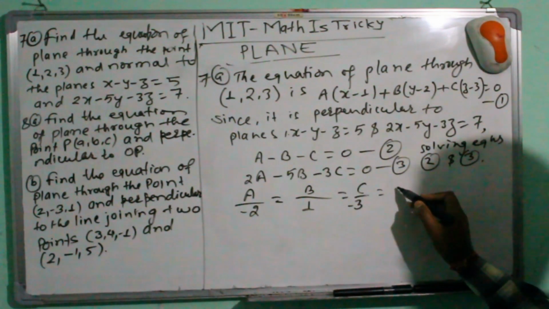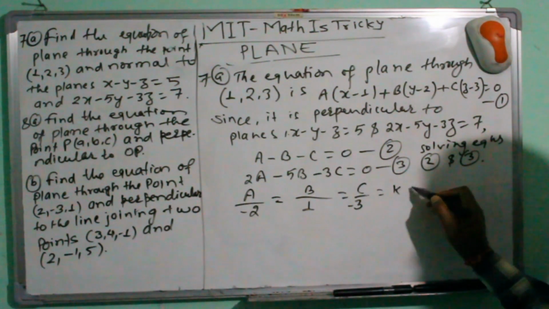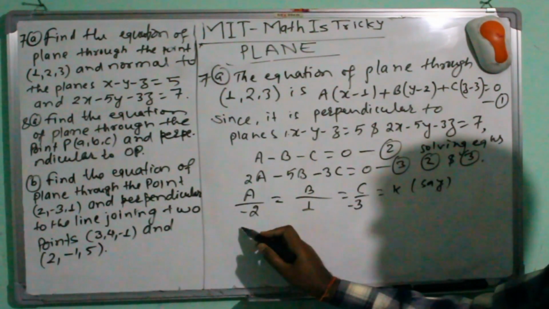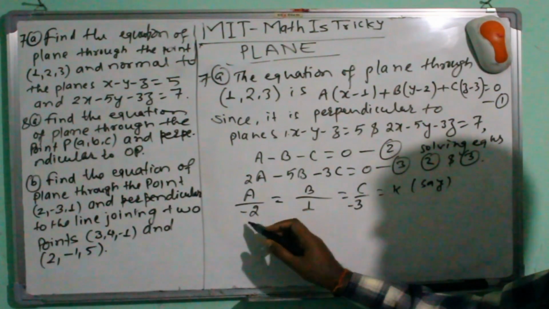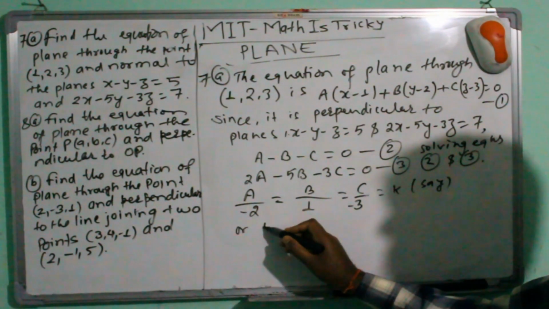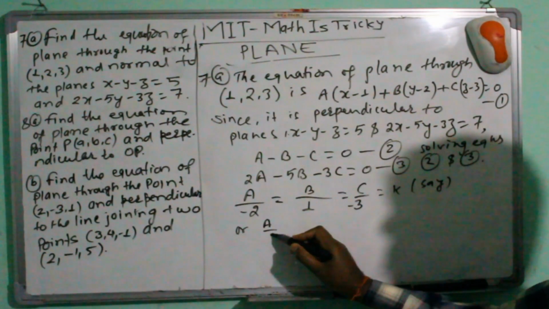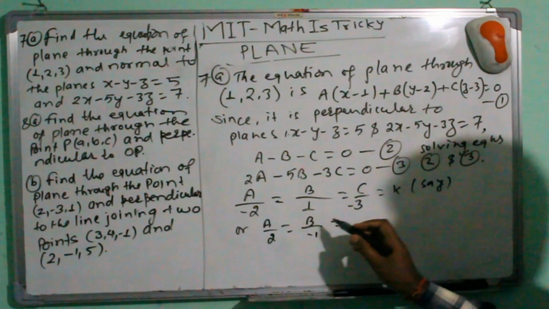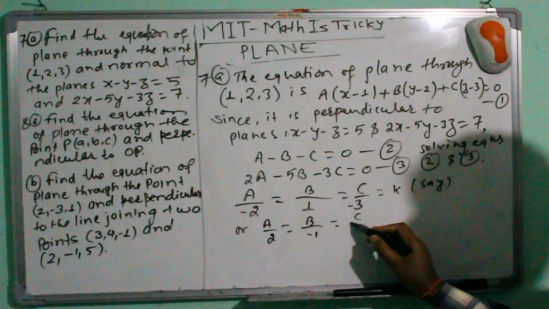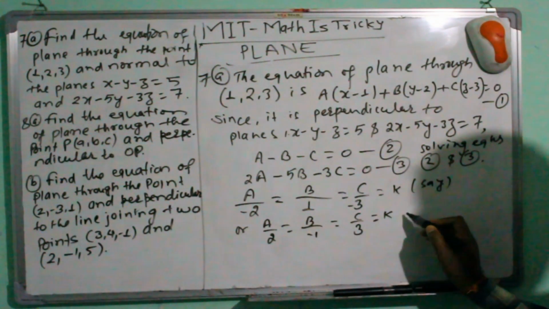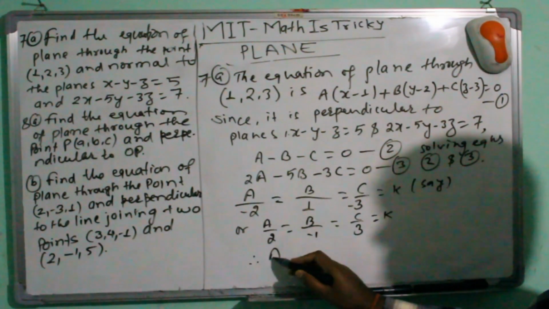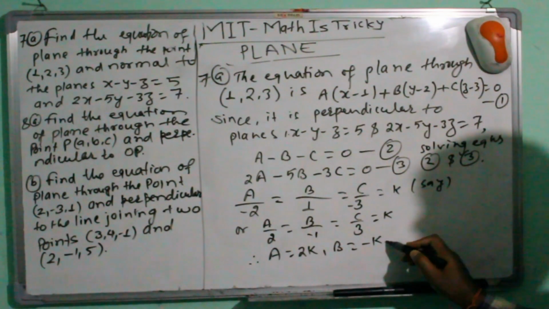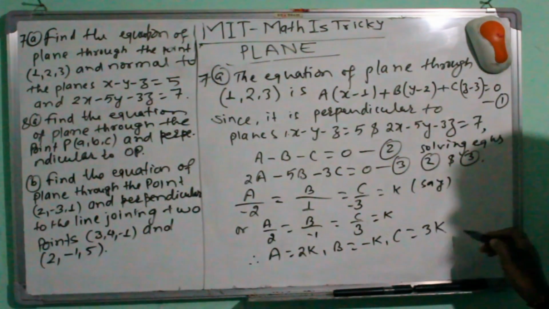Let it be equal to k. Then dividing all by minus 1, we can write a by 2 equals b by minus 1 equals c by 3 equals k. Therefore a equals 2k, b equals minus k, c equals 3k.